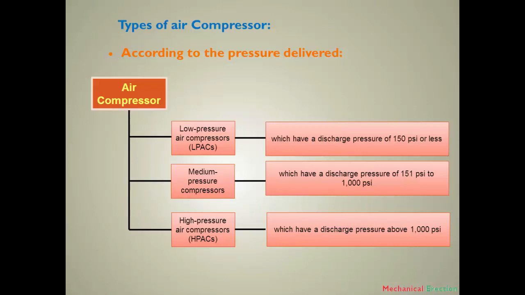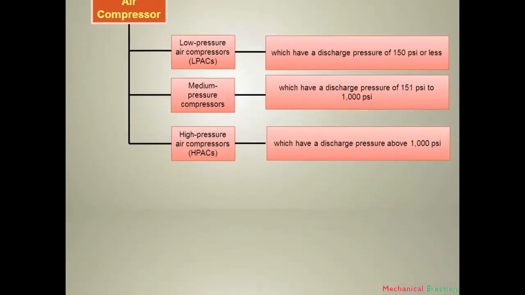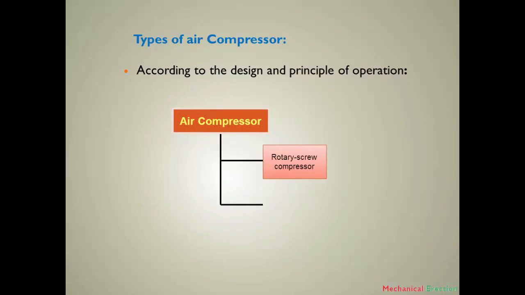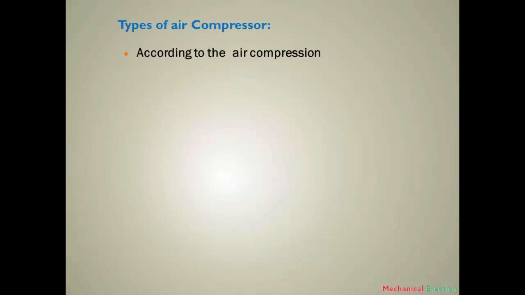But if we classify air compressors according to the design principle and operation, then air compressors can be divided into two types. First, rotary screw compressor, and second, turbo compressor. The compressor may also be classified by the air compression ratio.